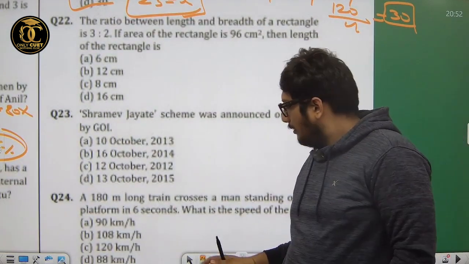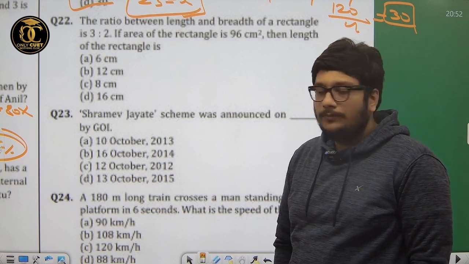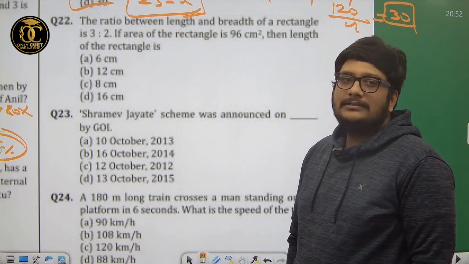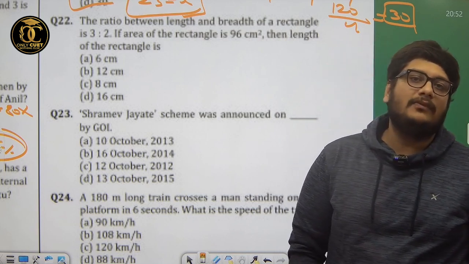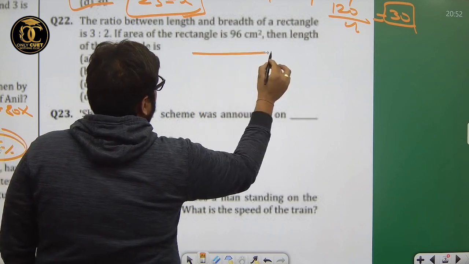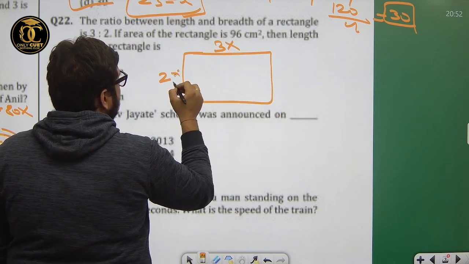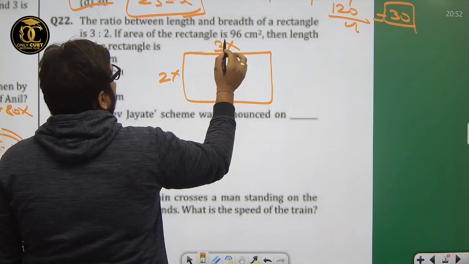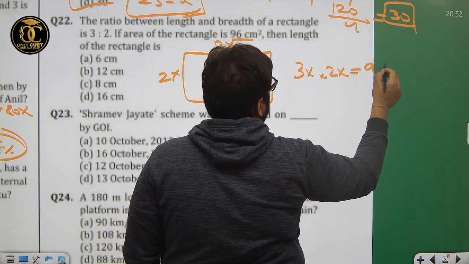Next. Question number 22. It says, the ratio between the length and the breadth of a rectangle is 3:2. If area of the rectangle is 96 centimeters square, what is the length of the rectangle? We have to find that. Now see, let this be 3x, this be 2x. Area is given as 96. That is 3x multiplied by 2x is equal to 96.